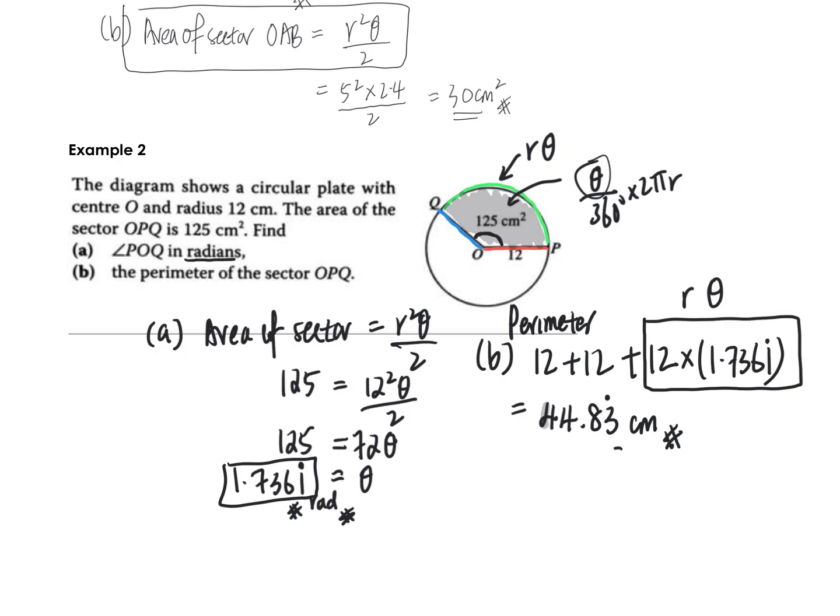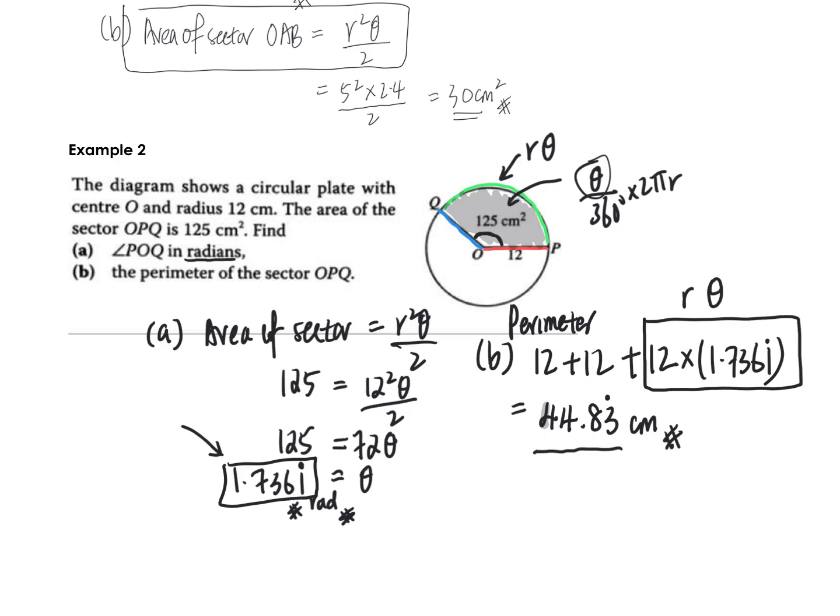Because this is exact, so I left it like what it is. Yeah, recurring decimal, that's why I put the dot there. Recurring decimal is exact. I got the dot, because this one I use the exact. Because you use 1, I use the actual, r minus 12.